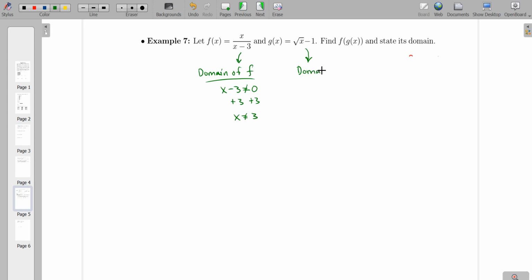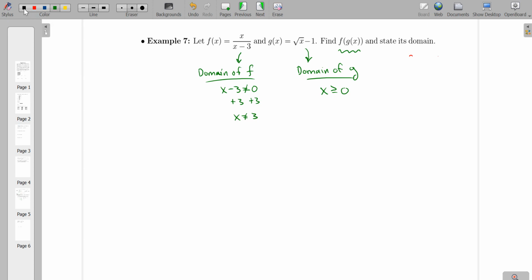And again, don't worry about putting it in interval notation or anything like that. When we look at the domain of g, we can see that there's a square root involved, and we know that we're not allowed to take square roots of negatives, so we need to make sure that x is greater than or equal to 0. Okay. Now, we want to find the domain of f of g of x.